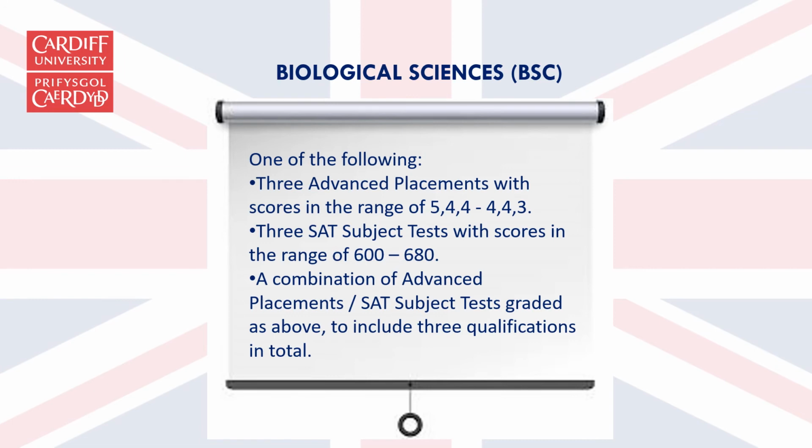If you're coming from a North American system, they're looking for 3 advanced placements with scores in the range of 544 to 443, 3 SAT subject tests with scores in the range of 600 to 680, or a combination of advanced placement and SAT subject tests graded as above to include 3 qualifications in total.